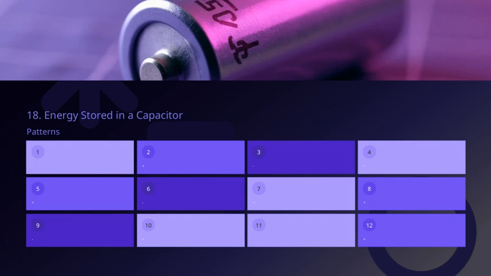This concept is important because it highlights how capacitors can act as energy reservoirs in circuits, releasing energy when needed. Understanding this helps us grasp how capacitors contribute to the overall behavior of electronic systems, especially in timing and filtering applications. So, the energy stored in a capacitor is a fundamental aspect that ties into the broader theme of energy management in circuits.